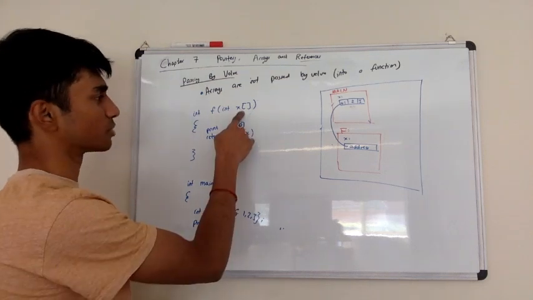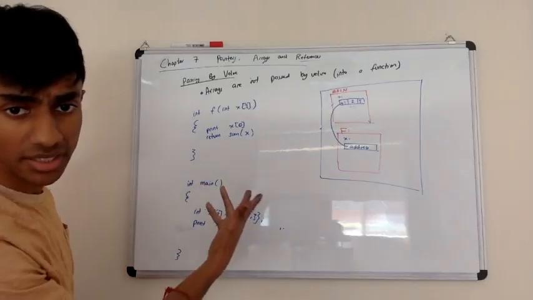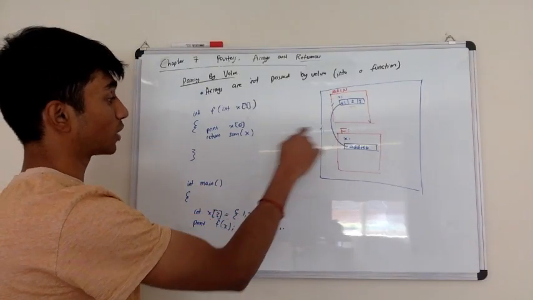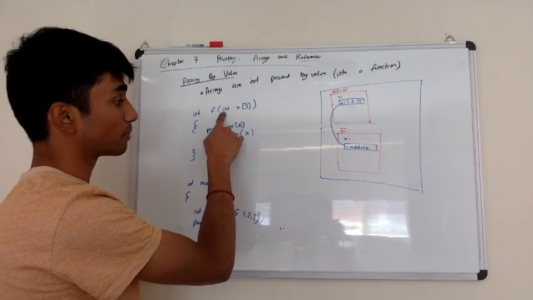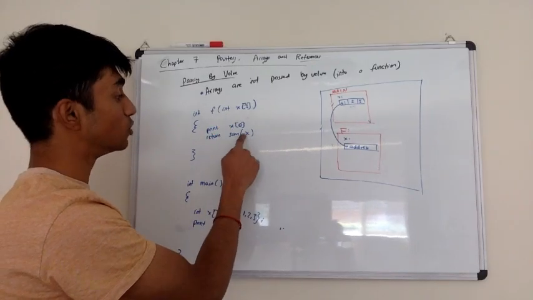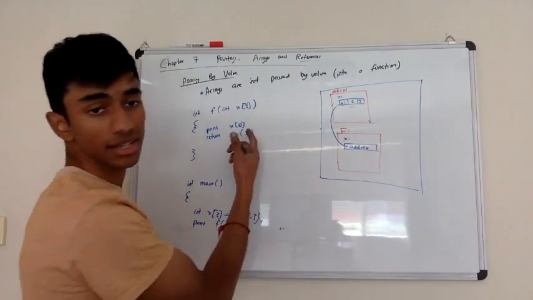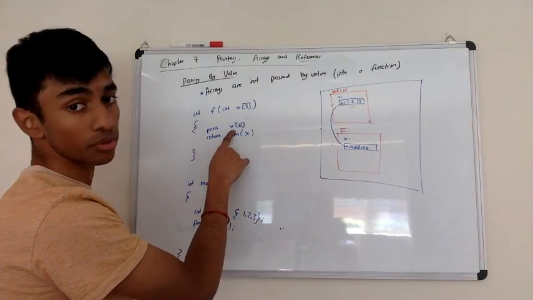Because it knows it's a pointer that points to an integer, it knows where that first element lies in memory, so it can print it anyway, even though it isn't strictly an array.